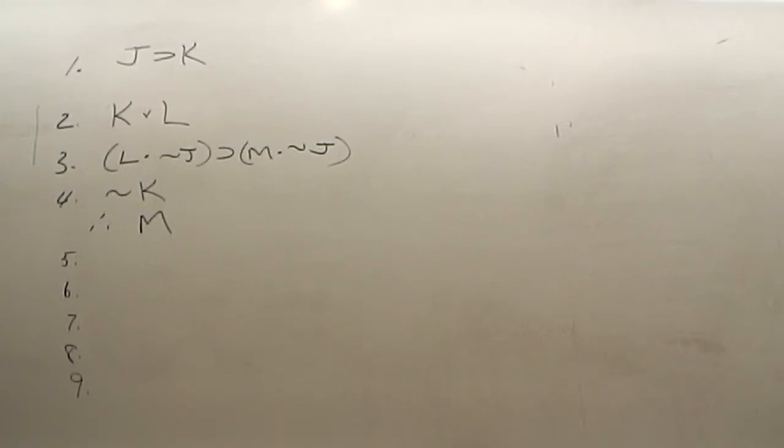Look at lines 1 and 4. What are those the premises of? Modus tollens. What would our conclusion be? We could have curl J right now if we wanted it. Look at our conclusion, M. Do you see it there in line 3?